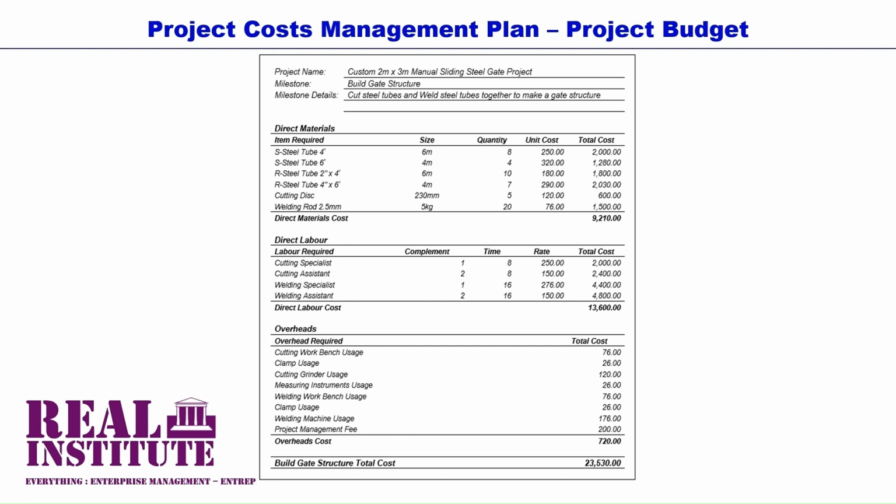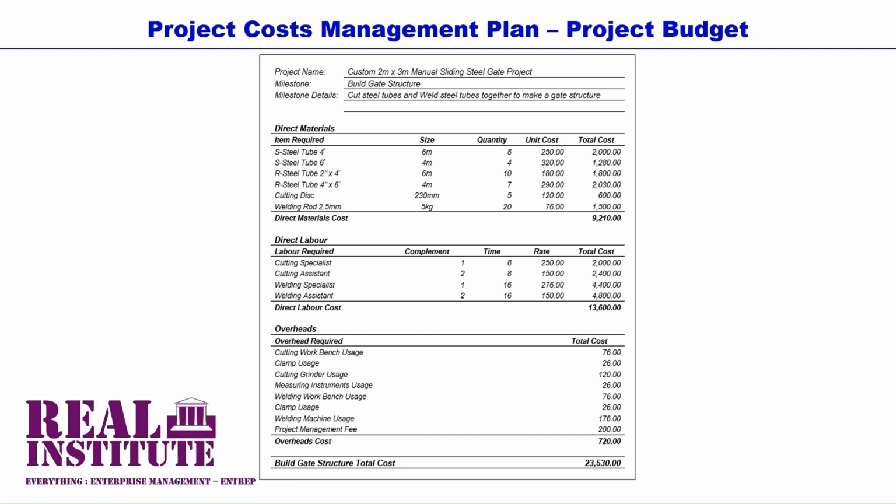Then the next group are the overhead costs for this build gate structure milestone's activities. A cost of 76 is for the cutting workbench usage. As already stated, every resource and every usage in projects should be costed so as to arrive at the true cost of the project. Then a cost of 26 is for the clamp usage.